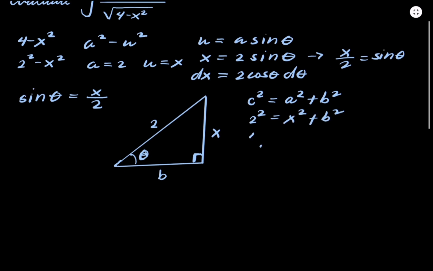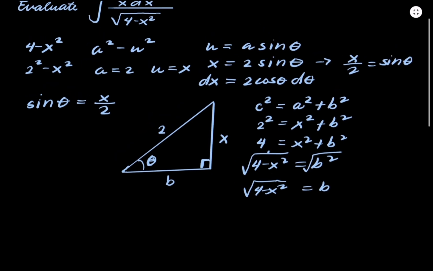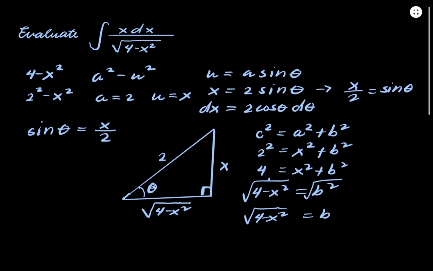Now this is 4, right? So 4 equals x squared plus b squared. Transpose: 4 minus x squared equals b squared. Extracting the roots, we have the root of 4 minus x squared equals b. So b is the root of 4 minus x squared. And what is this square root of 4 minus x squared? In fact, that is the denominator of the integrand, right?